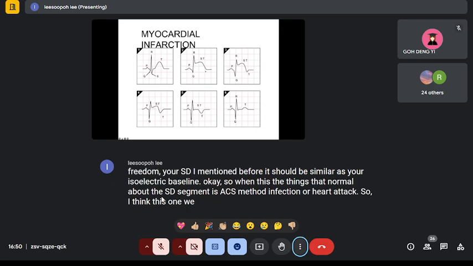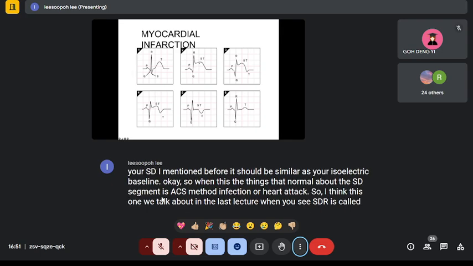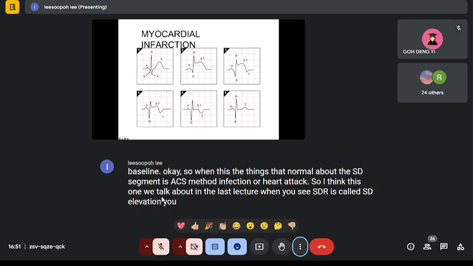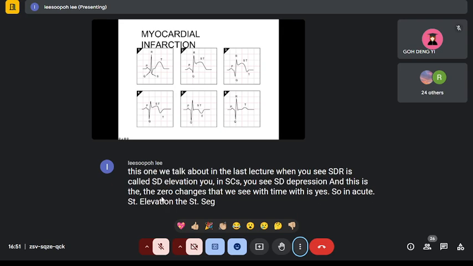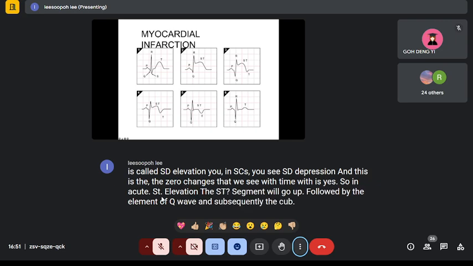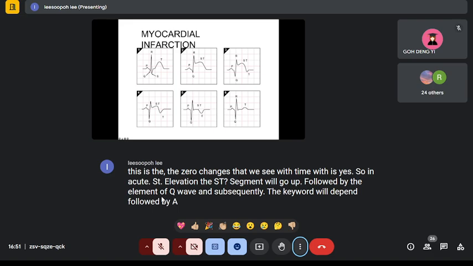I think we talked about this one in the last lecture. When you see ST up, it's called ST elevation. In ACS, you will also see ST depression, and these are the serial changes that we see with time in ACS. In acute ST elevation, the ST segment will go up, followed by development of a Q wave, and subsequently the Q wave will deepen, followed by ST-T inversion.